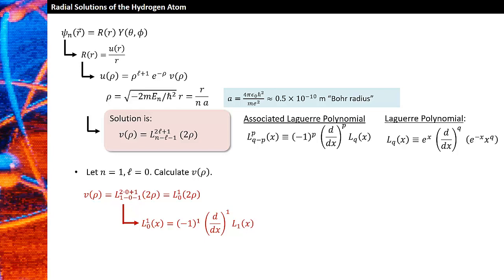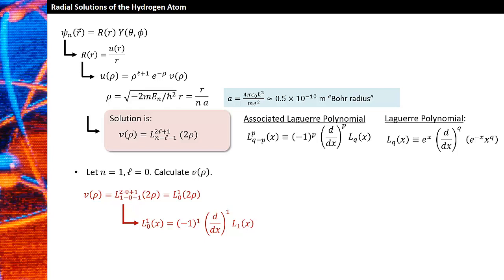Well, we can use this formula here for the associated Laguerre polynomial, which is a set of derivatives of the Laguerre polynomial. So since we have a 0 downstairs, a 1 upstairs, it looks like p is equal to 1. And in order to get a 0 downstairs, q must also be equal to 1. So it looks like we're taking d by dx of L_1 of x.